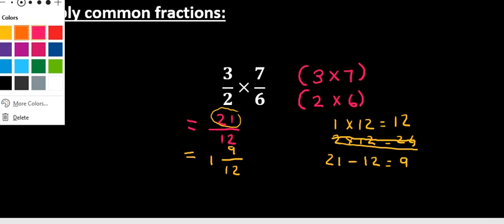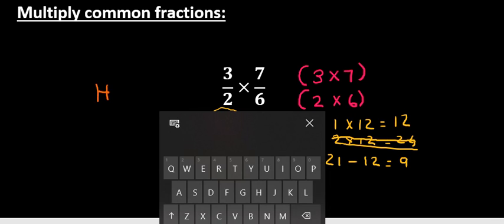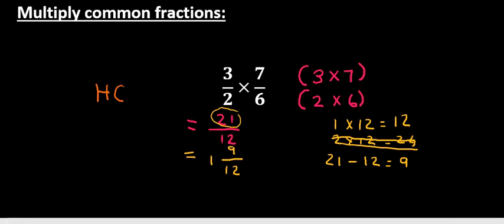Now, how am I going to simplify? I'm going to find my highest common factor. I'm going to write down all the factors of 9 and all the factors of 12, and then I'm going to check where the factors are the same, where is my highest common factor.